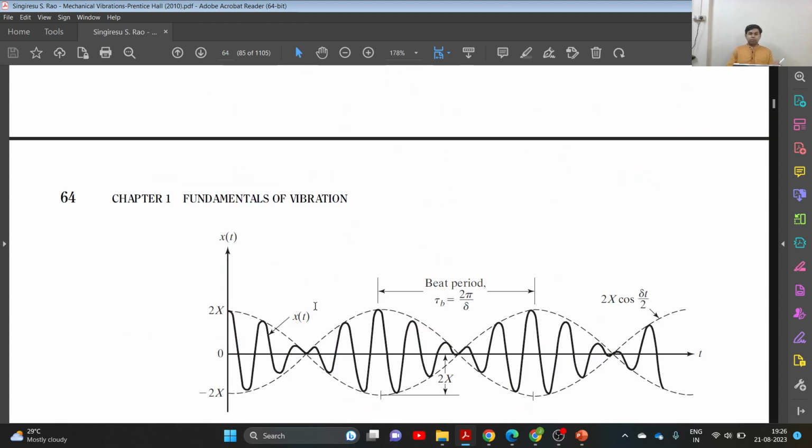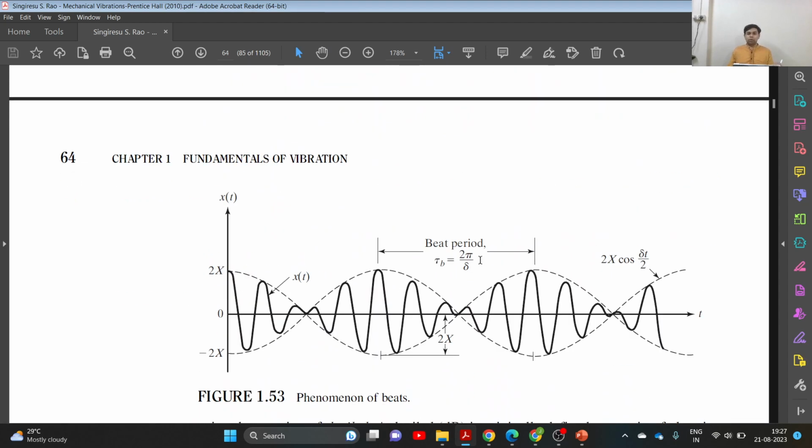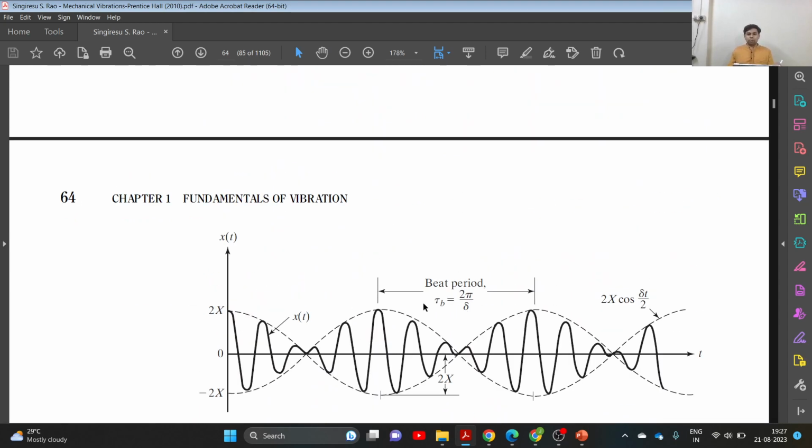So that basically is depending on the phase difference between those two signals. So that delta actually represents the phase difference, right? So that's how you get that time period. But sir, we have delta t by 2.